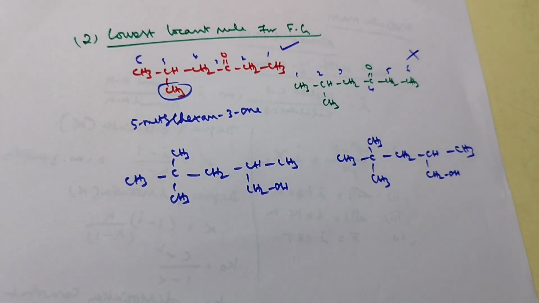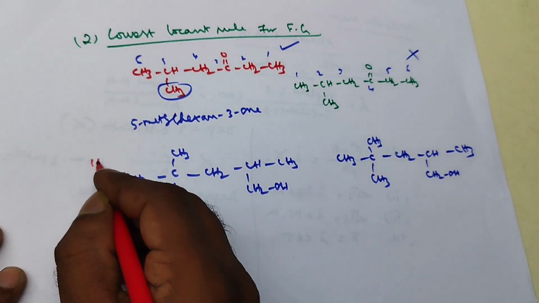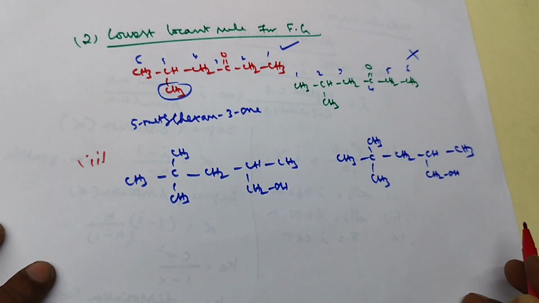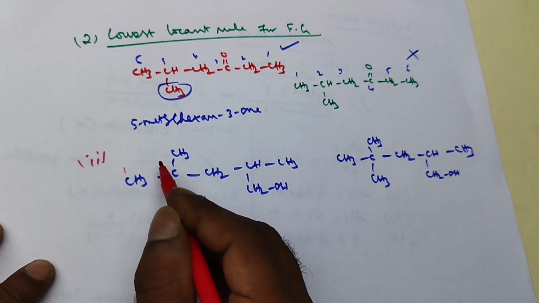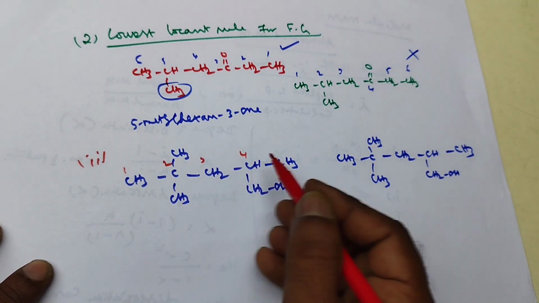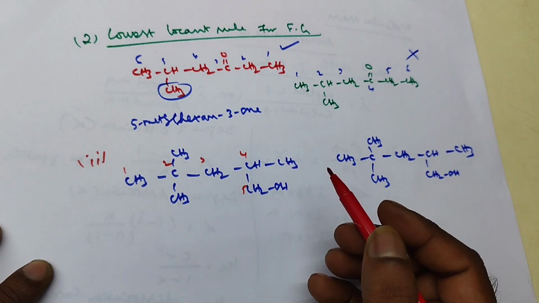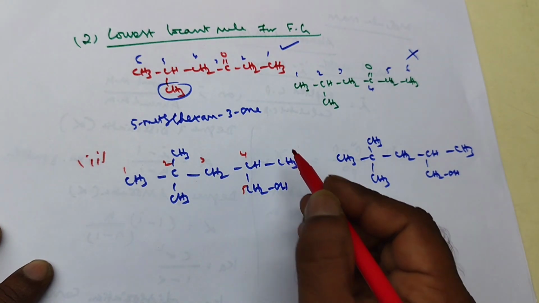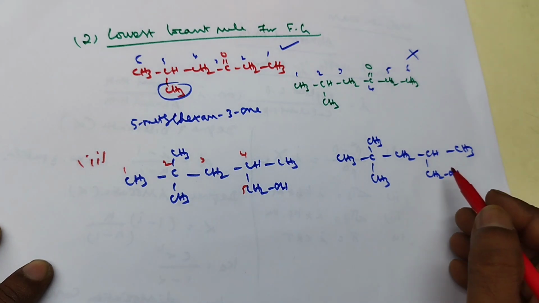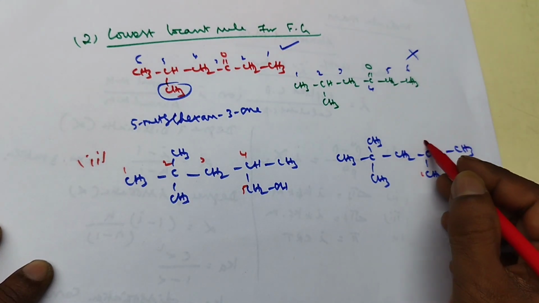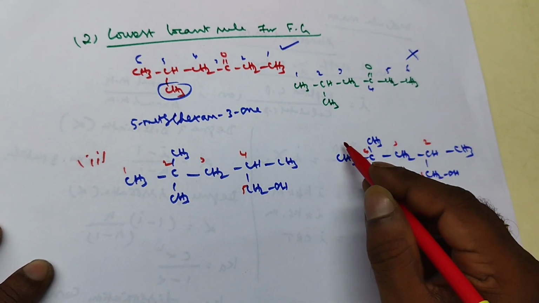We will take the second example and see how to number the carbon atoms. If you start numbering from here, 1, 2, 3, 4, 5, or if you start numbering from the other side, 1, 2, 3, 4, 5.